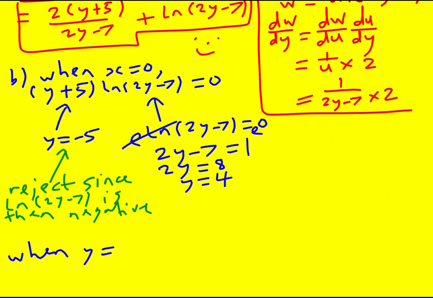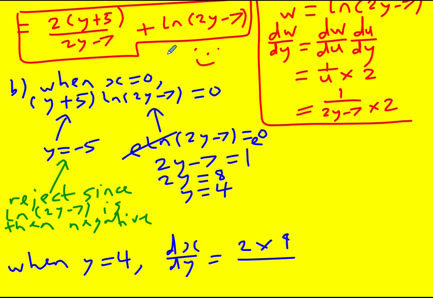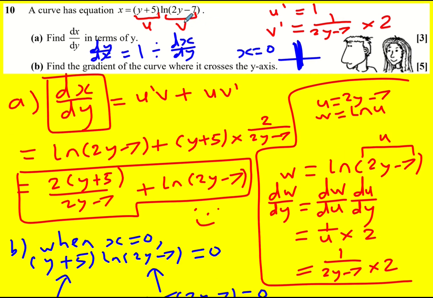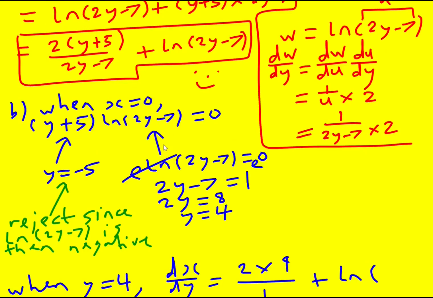So when x is equal to 0 and y is equal to 4, dx by dy is going to be 2 times y plus 5, which becomes 9, divided by 2 times y, which is 8 minus 7, so just 1, I could just divide by 1, plus ln, now 2y minus 7 has stayed in there, because that's when I did the product rule.